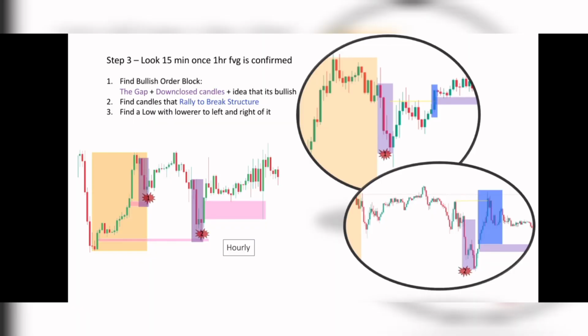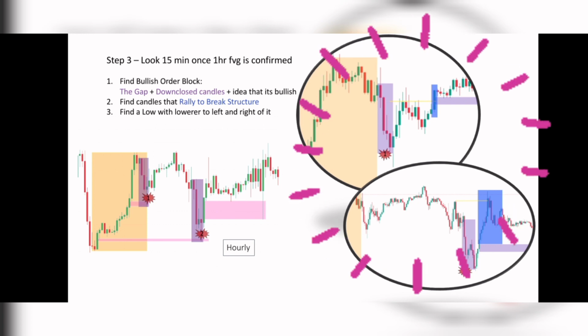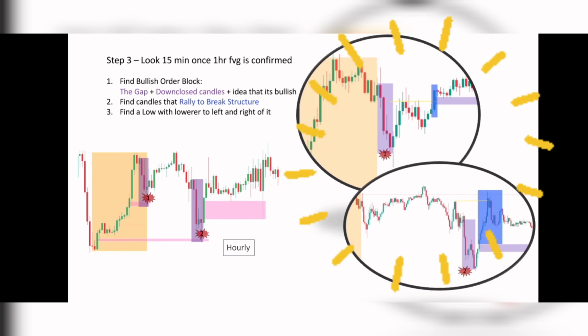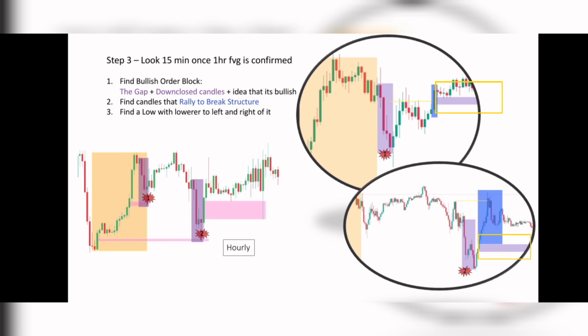Step 3, we are looking at the 15-minute chart. Once we have candles trading into the hourly prolonged price swing, we can now use that as a confirmation to look further into the 15-minute chart. And our setup would look like the gap with the down close candle and the idea that it's bullish.